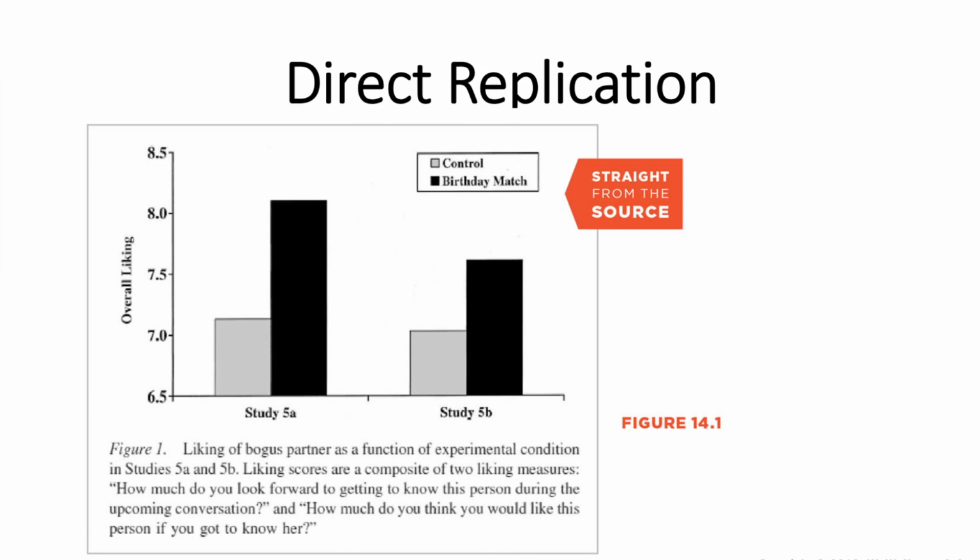And to test this hypothesis, they had participants complete a short survey about themselves. Then each participant would be given the page of responses from a randomly selected partner. And at the top of the page, the partner's ID was printed in large font, so a string of ID numbers. For half the participants, the partner's ID number had specifically been matched to the participant's own birthday.